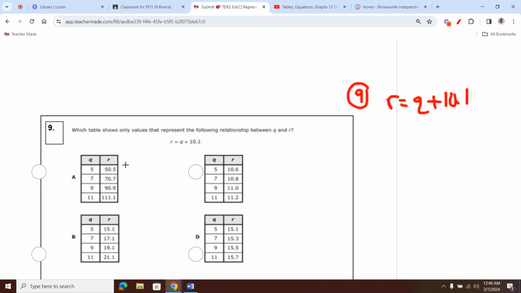And I'm going to use table A. And I'm going to decide what I'm going to use. You can use 5, 50.5, 7, or 9, or 11. I'm going to go with the first one, 5, 50.5. So you see the R, it's 50.5. So you see that R, 50.5 equals. Now who's the Q in this table? Well, Q is right here. And who's the Q? 5.